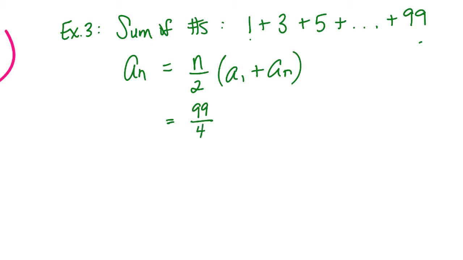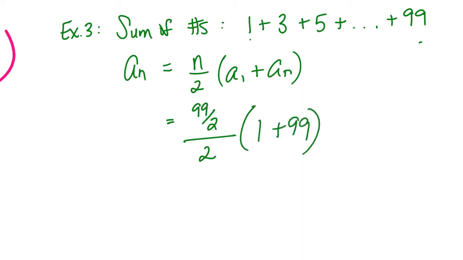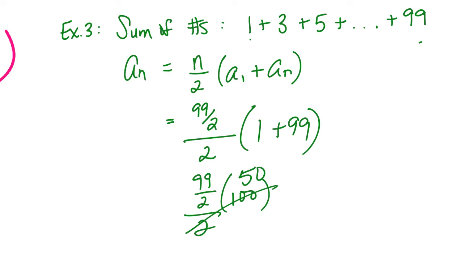Can't I just divide that by 4? Or if you wanted to be exact, you could write that as 99 divided by 2, all of that divided by 2. You'll see what I'm doing here in a second. When I take the first plus the last, that conveniently gives me 100, divided by 2 is 50. Does that make sense?